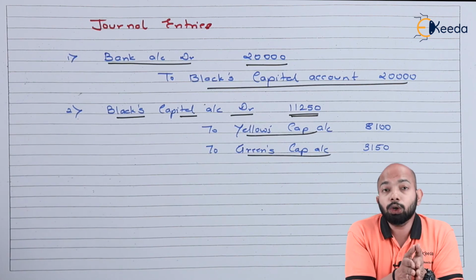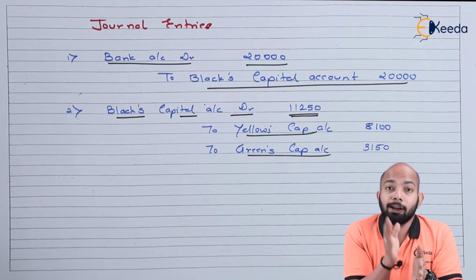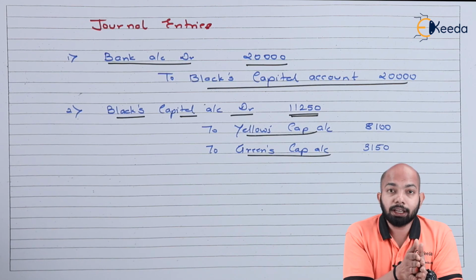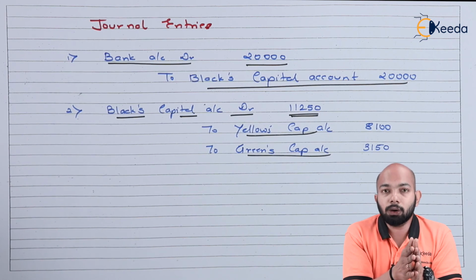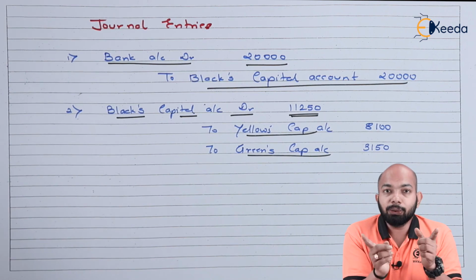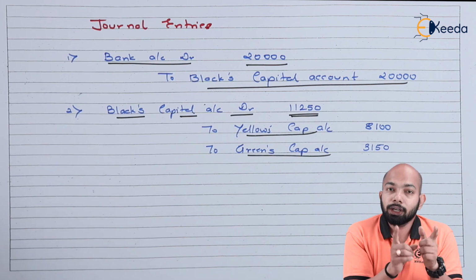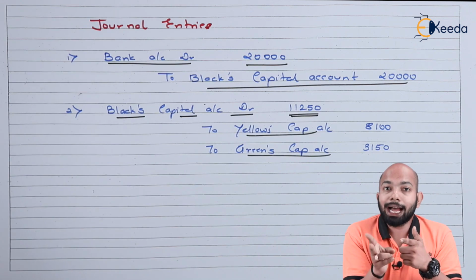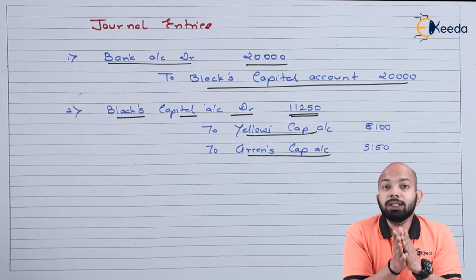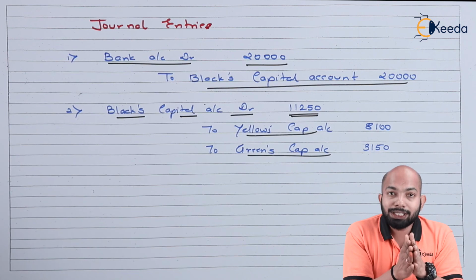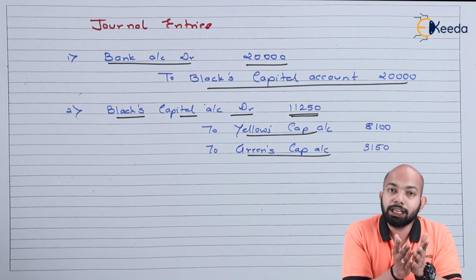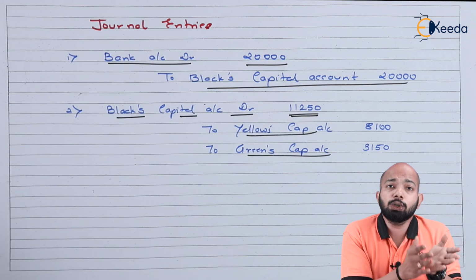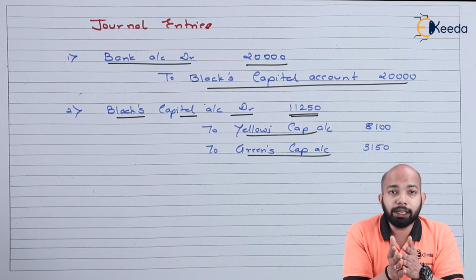So this is how the goodwill calculation is supposed to be done when the sacrificing ratio is to be calculated on the basis of old ratio and new ratio. In those segregations you can also understand that the new ratio has to be calculated for all the existing partners using the 1/4 ratio or the 1 whole minus the segregation of the ratio that has been given, or if the ratio is already given in the question, that's well and good.